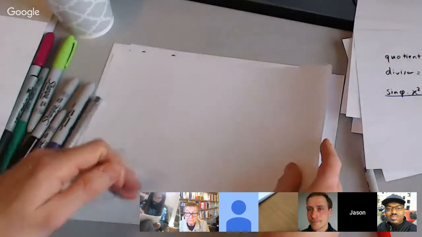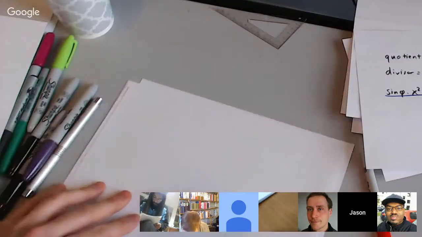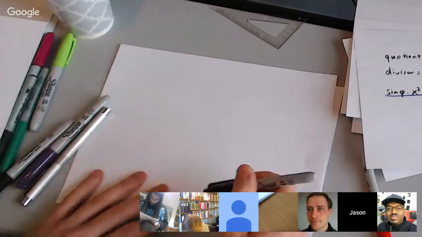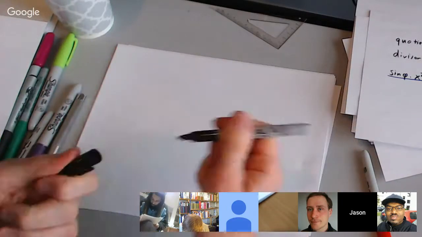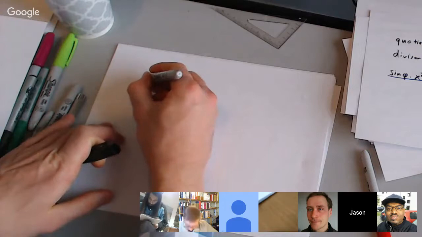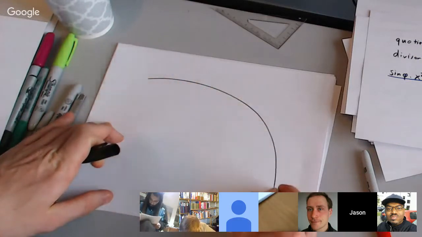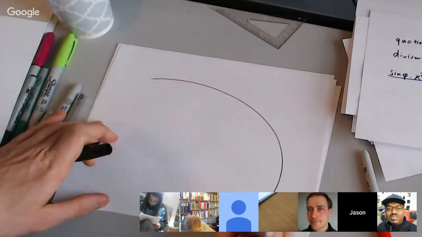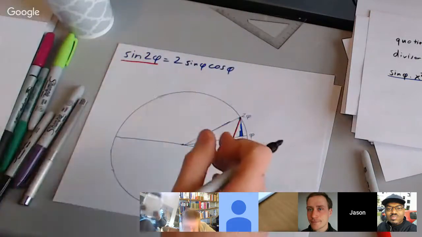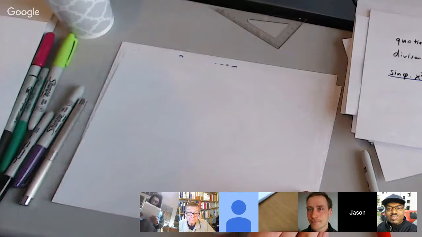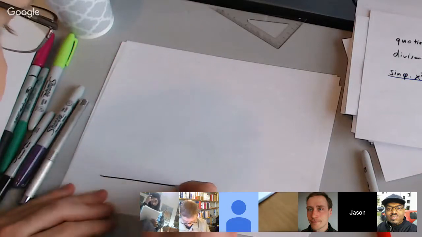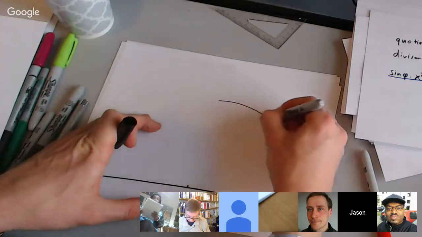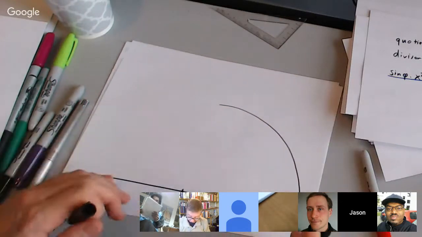I'm sorry, that got kind of messy. I'm going to do it again. Since we only really need one quadrant of the circle, I can make it a little bigger too. Okay, there we go. That's fine.